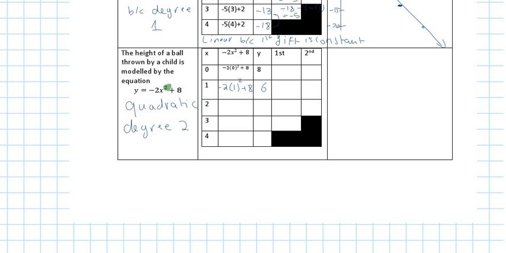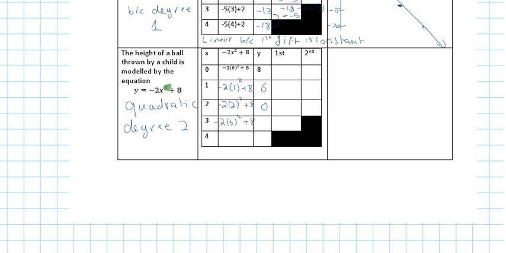I'm going to replace the x with a 2. First 2 squared, that's 4, times negative 2, that's negative 8. Add 8, that's 0. 3 squared is 9, times negative 2, that's negative 18.